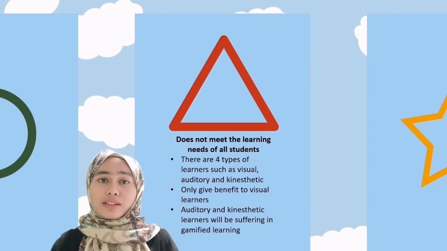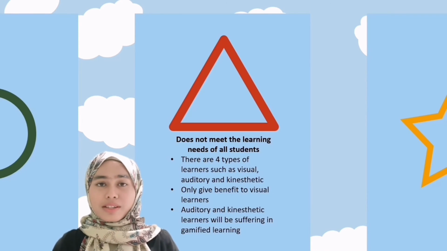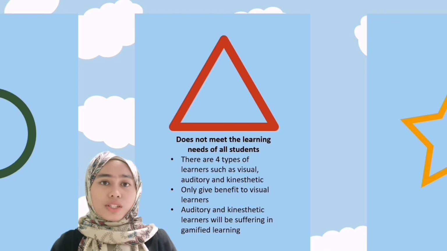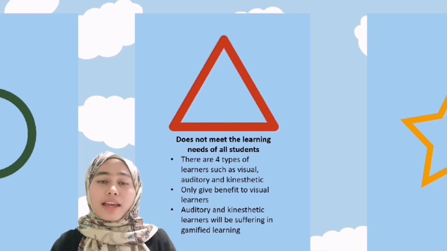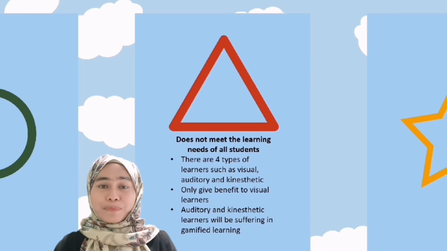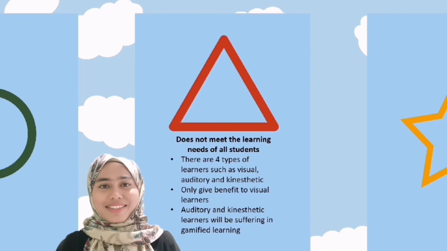purchased. Furthermore, it does not meet the learning needs of all students. There are 3 types of learners such as visual, auditory, and kinesthetic. Visual learners understand and remember by sight. Most of them learn by reading and seeing pictures, while auditory learners learn by hearing and listening.